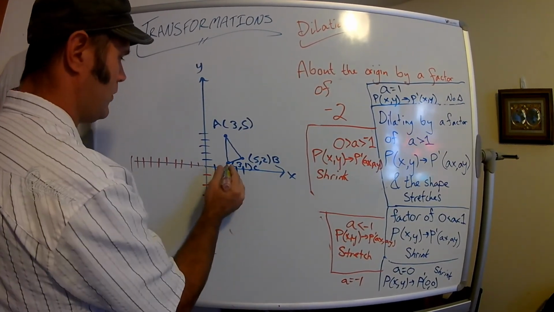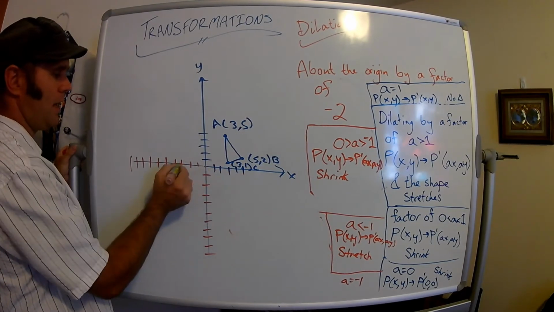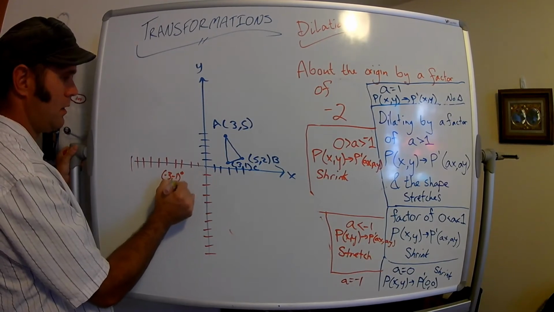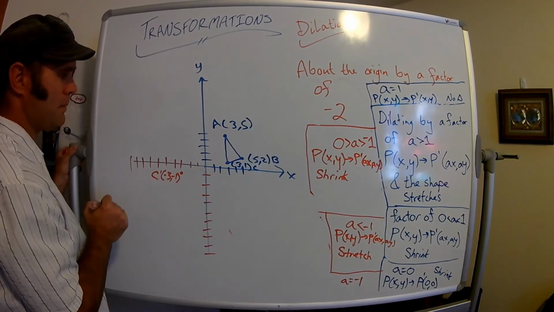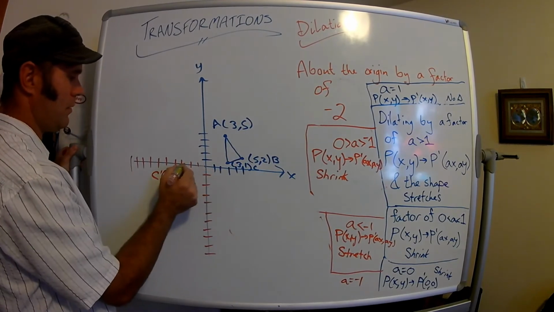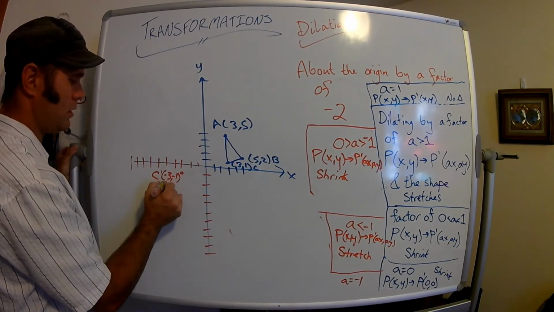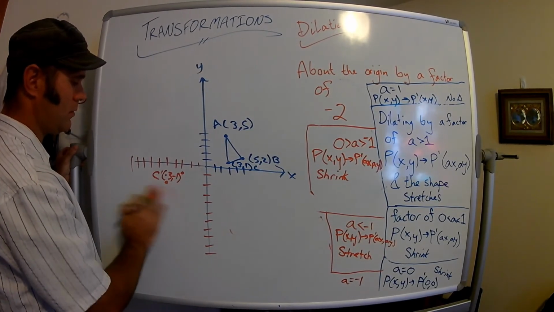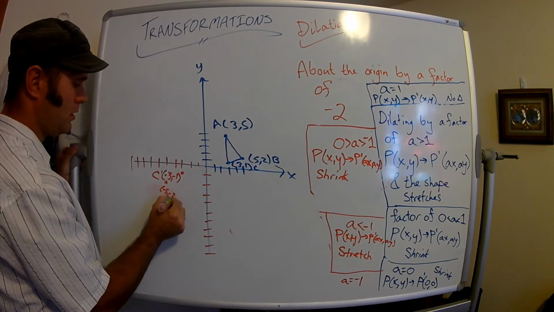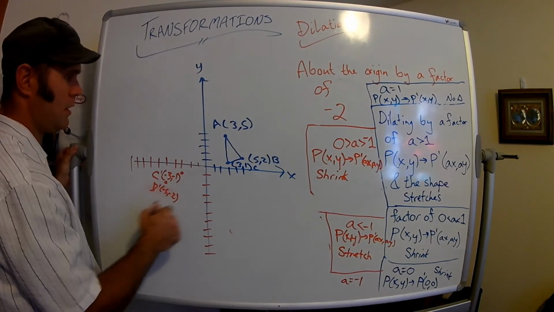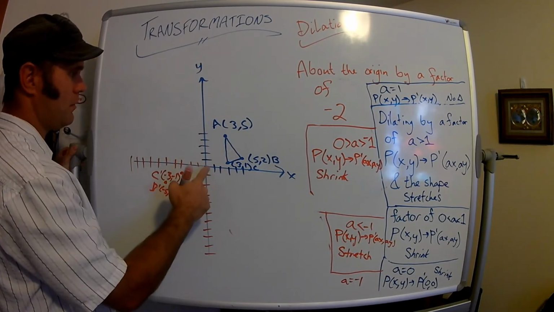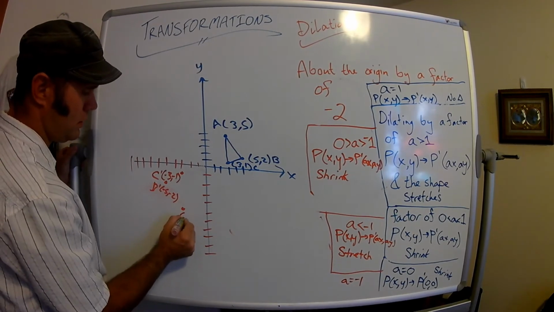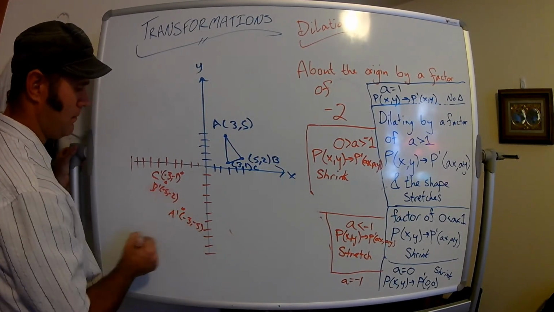all the numbers would have just flipped across, so we would have gotten negative 3, negative 1 for point C prime. B prime is 5, 2, so it would become negative 5, negative 2 for B prime, and then 3, 5 would have become negative 3, negative 5 for A prime.